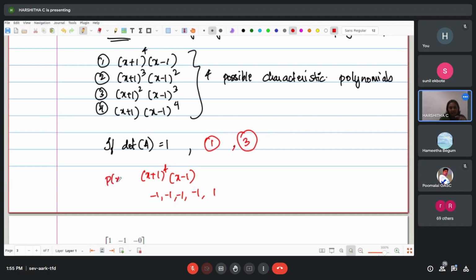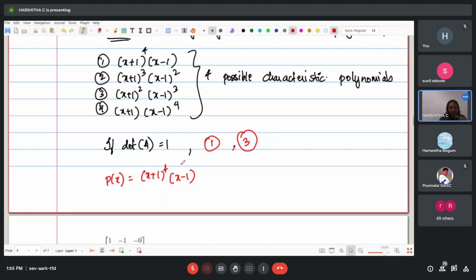If you have this polynomial, how did you find the roots? For x plus 1 it is minus 1, and for x minus 1 it is 1.